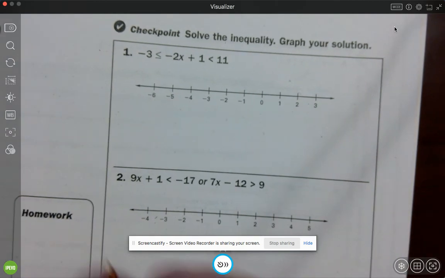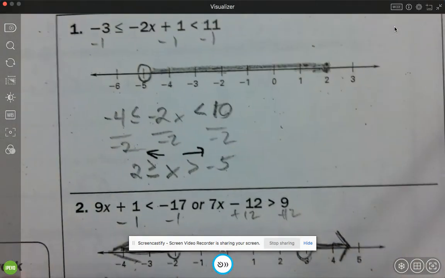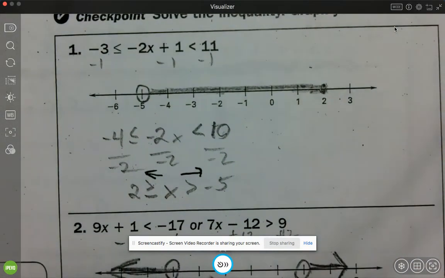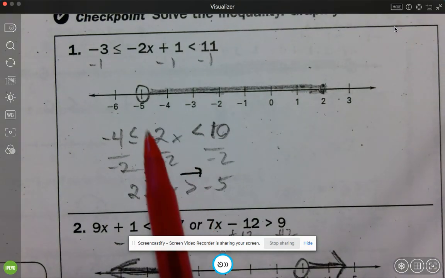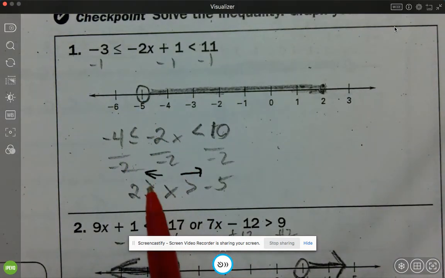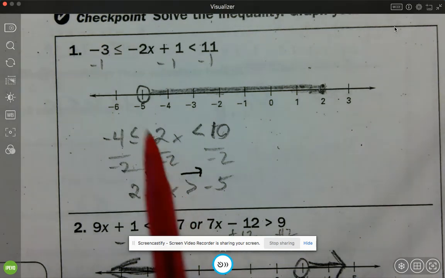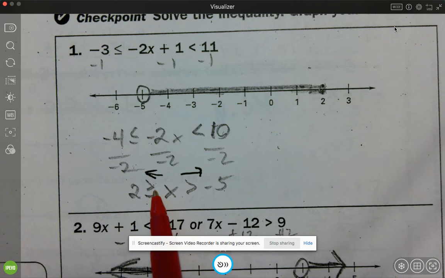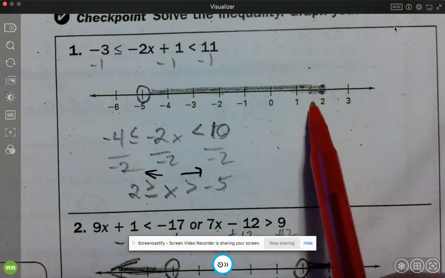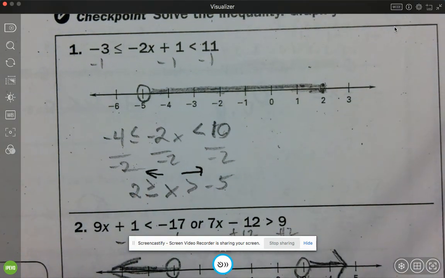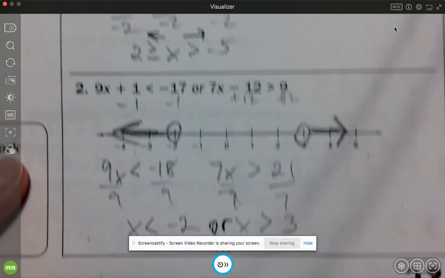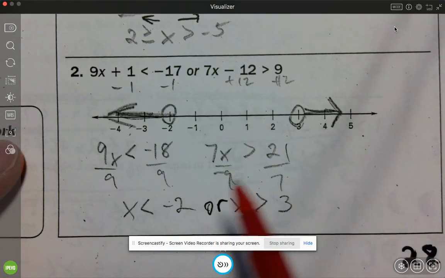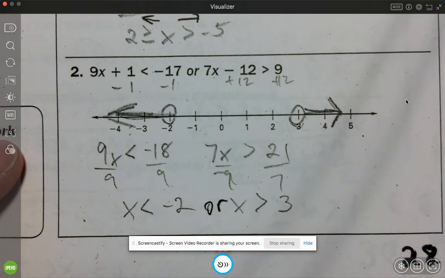Okay, for number 1, hopefully you got this: subtract 3 and divide by -2, and you switch the signs, so x is greater than or equal to -5 and less than or equal to 2. The second one is an or, which gives you the split, both open dots: x is less than -2, or x is greater than 3. Good luck with the classwork today.